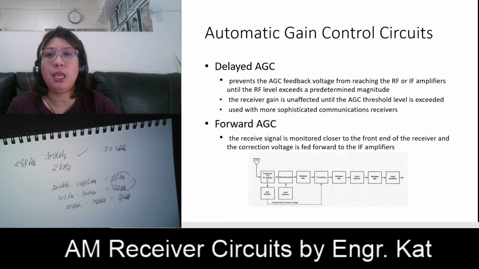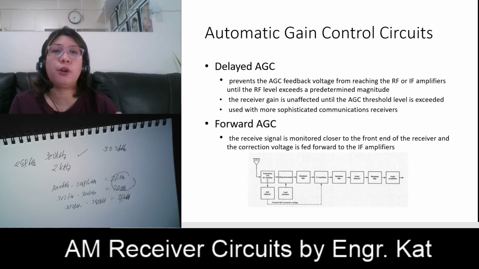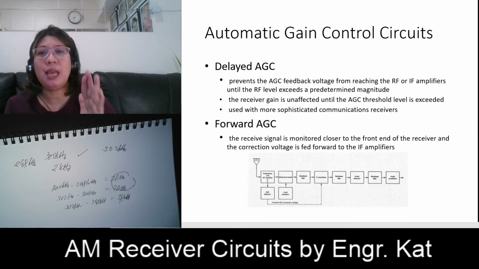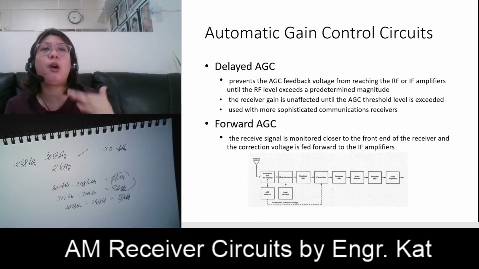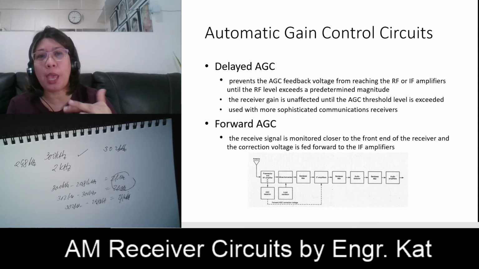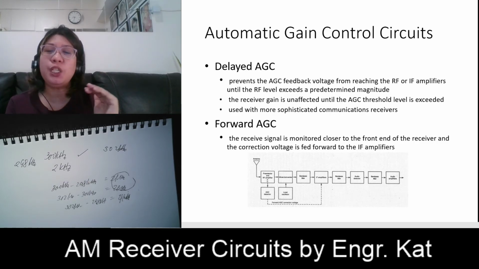The delayed AGC prevents the AGC feedback voltage from reaching the RF or IF amplifiers until the RF level exceeds a predetermined magnitude. In this, there is a comparator, somewhat like you are comparing to a certain value. So the receiver gain is unaffected until the AGC threshold level is exceeded.